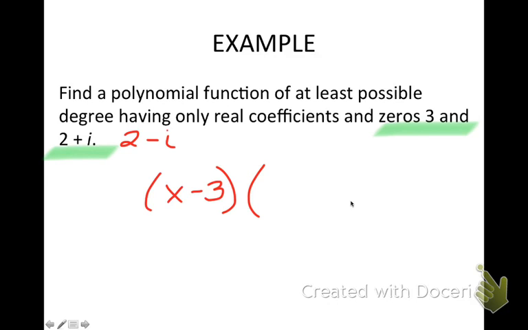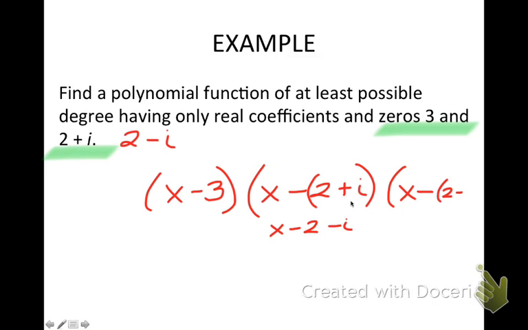Yeah, so now we have to really quickly just watch this, because it really doesn't matter how you write it. If I were to put x minus 2 plus i, am I technically distributing this negative? Now don't write this, just watch, because it really doesn't matter. So technically it would be x minus 2 minus i, and then if you did it the other way around, x minus 2 minus i, what would that end up distributing to?